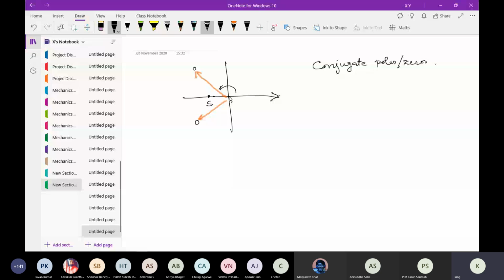So these will be the angles. And because of the symmetry, what will be the difference? This will be the two S vectors.